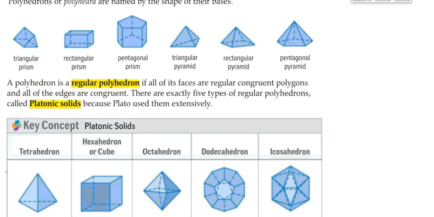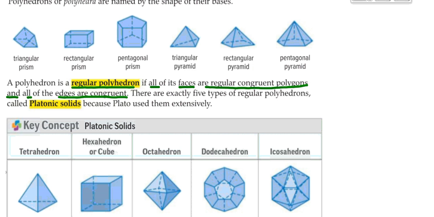Now, a regular polyhedron, that's the next thing that we have a definition for, has all of its faces regular congruent polygons. And so that's going to be down here below this. So all faces regular congruent polygons, and all edges are congruent.